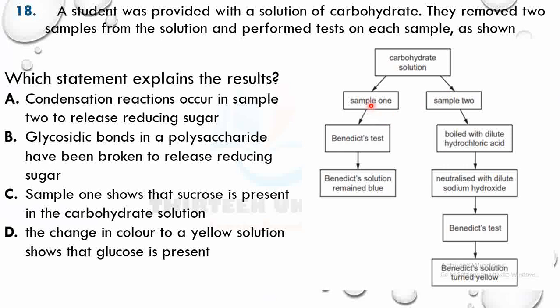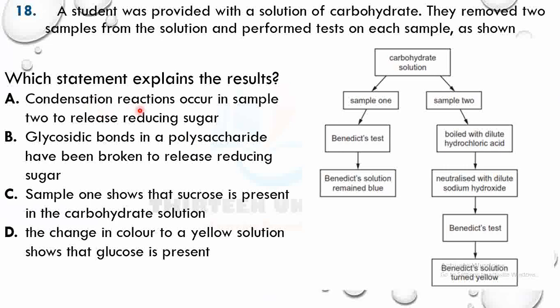In sample 1, the Benedict's solution remained blue. So there's no reducing sugar there, because if the solution remains blue, there is no reducing sugar. Sample 2 was boiled with dilute hydrochloric acid, neutralized, then tested with Benedict's solution. The Benedict's solution turned yellow. Yellow means this is a test for non-reducing sugar. Let's see.